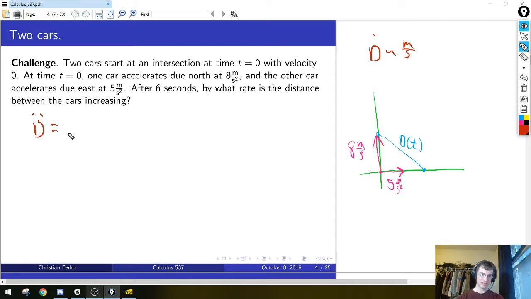How do we think of 8 meters per second squared being squared? I guess you would square the unit as well. So you'd say 8 meters per second squared, all quantity squared, and then 5 meters per second squared, quantity squared.